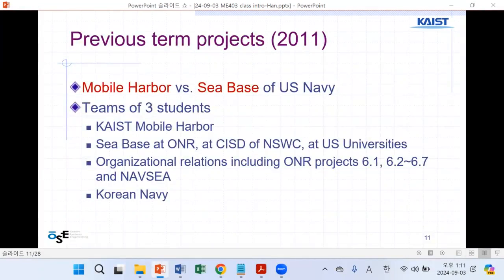When they need an air base, because the Air Force is very important for fighting, for many reasons nearby countries do not want to provide land to the United States for an air base. That's why they try to make a floating sea base for their needs.